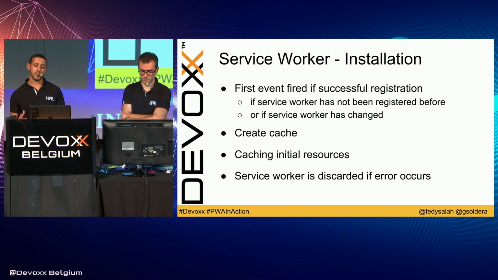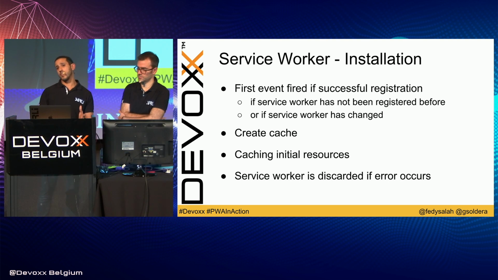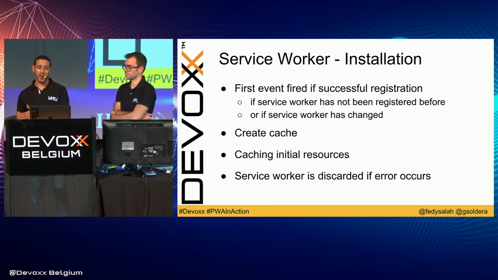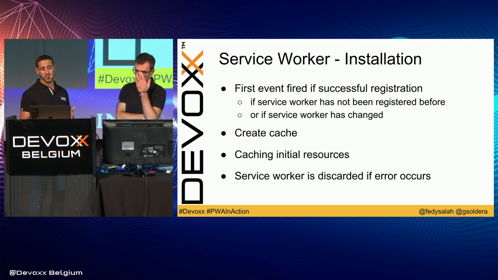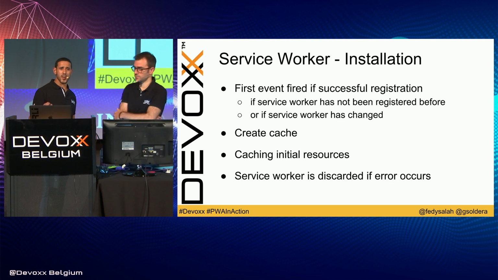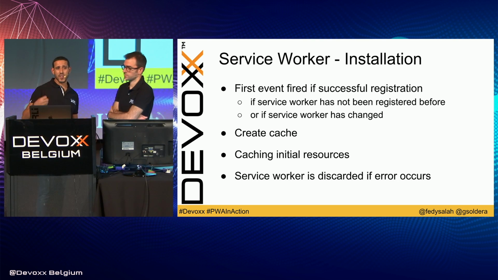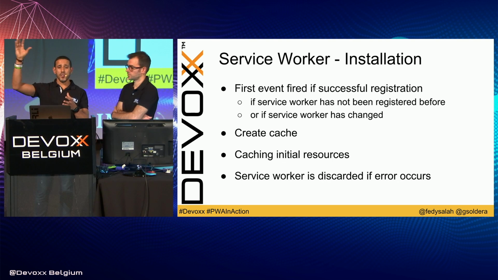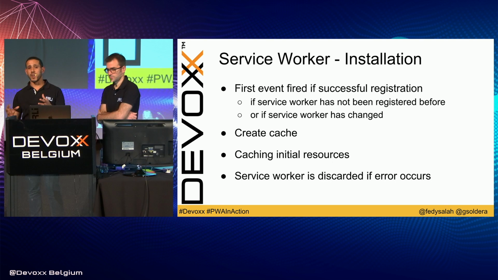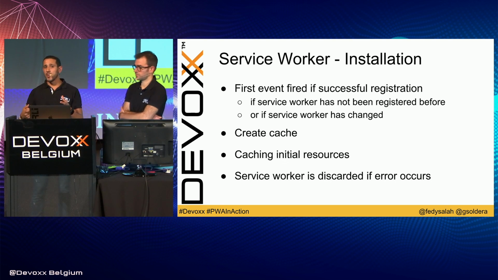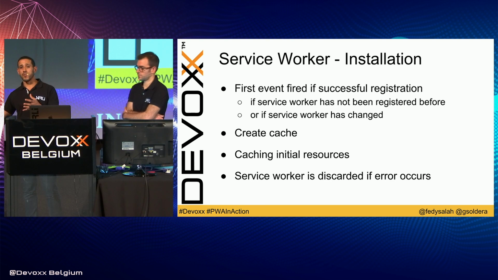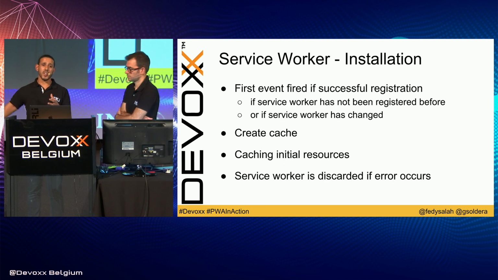Once a service worker is registered, we talked about an install event that will be fired. This is the first event that's fired after the registration. And there we can create the cache. We can imagine that we will put all the static assets of our website in the cache. And so the next time we reload our page, we don't need to contact the server to get these assets.